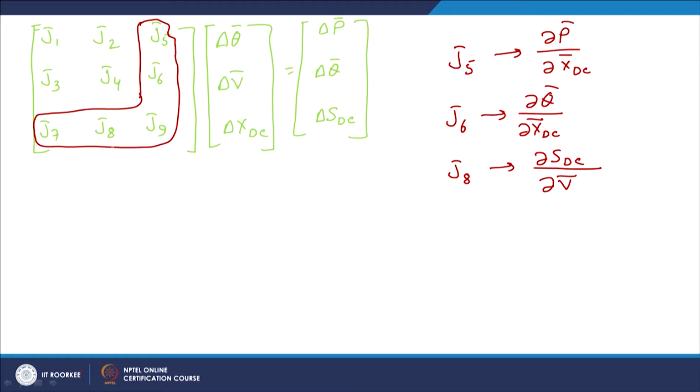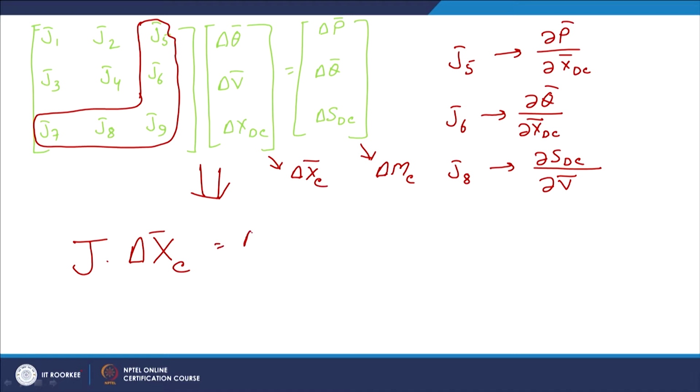Now if we write this equation as big J into delta x, where this is the delta x combined vector and this is the delta m combined vector, then delta x c at each and every iteration would be J inverse into delta m c.